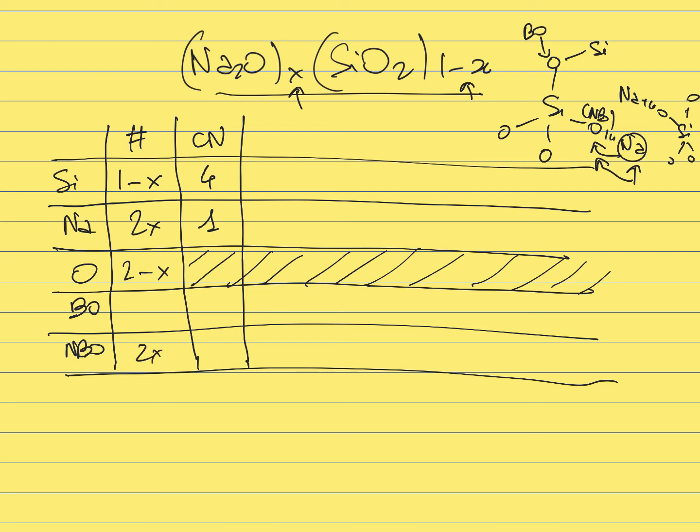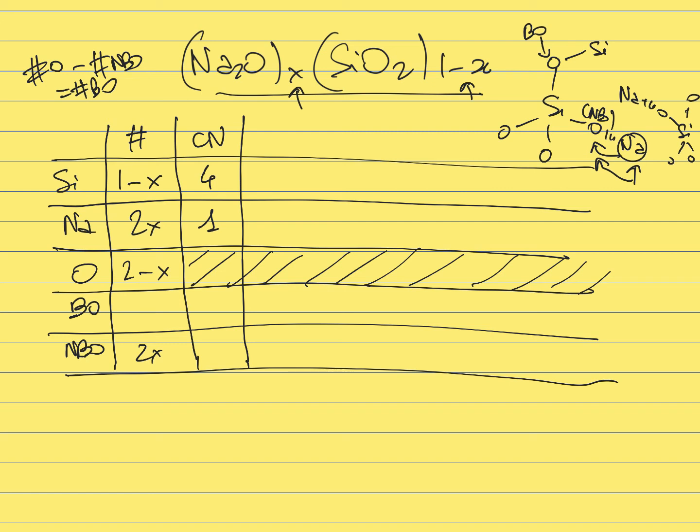And now if you want the number of BO, you know the total number of oxygen. If you take the total number of oxygen minus the number of NBO, that gives you the number of BO. The oxygen can be either BO or NBO, so if you take the number of BO plus the number of NBO, that should give you the number of oxygen.